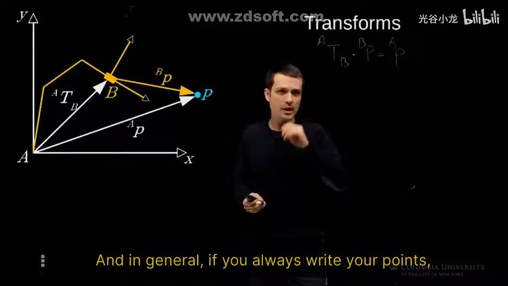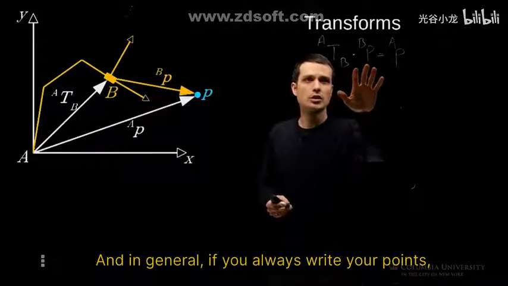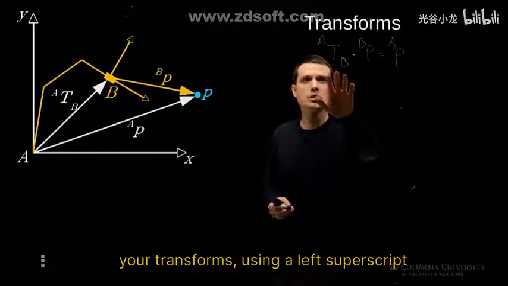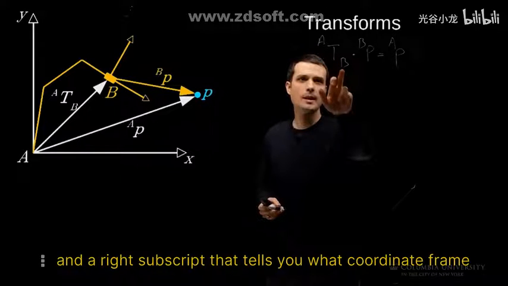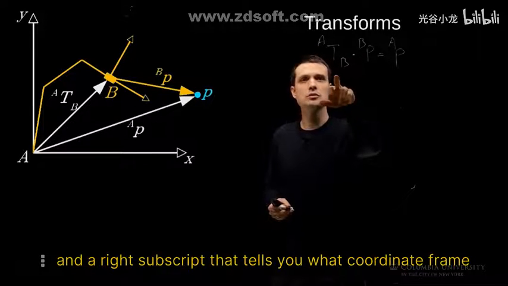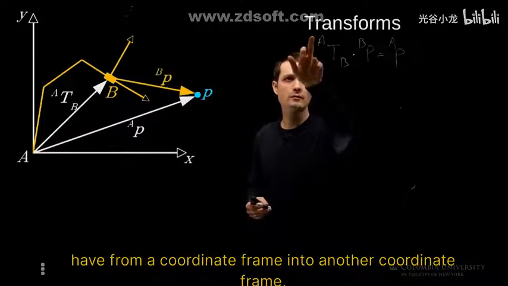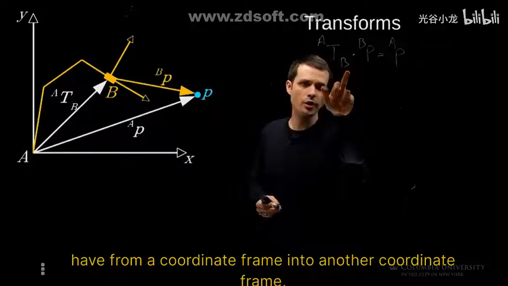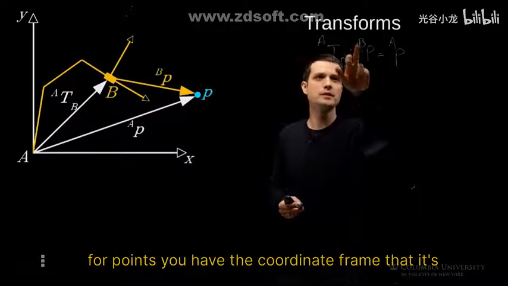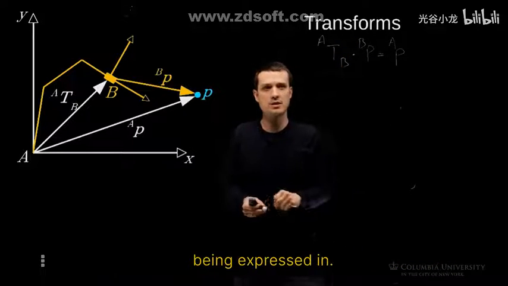And in general, you always write your points and your transforms using a left superscript and a right subscript that tells you what coordinate frames you're dealing with. For a transform, you always have from a coordinate frame into another coordinate frame. For points, you have the coordinate frame that it's being expressed in.